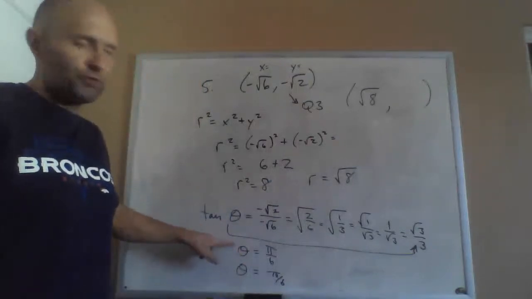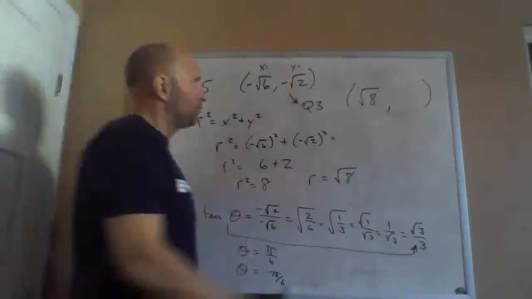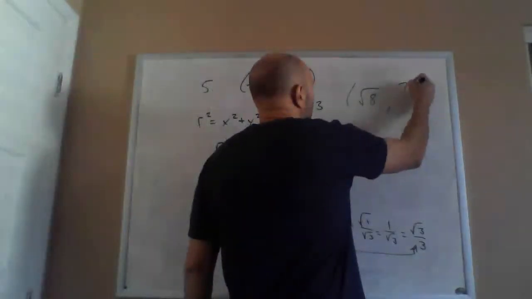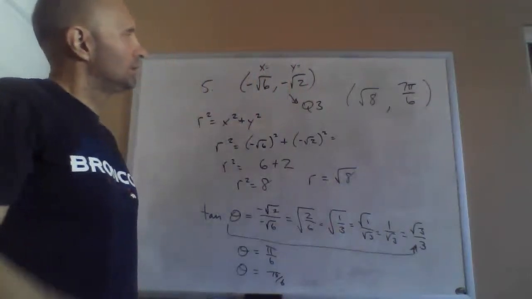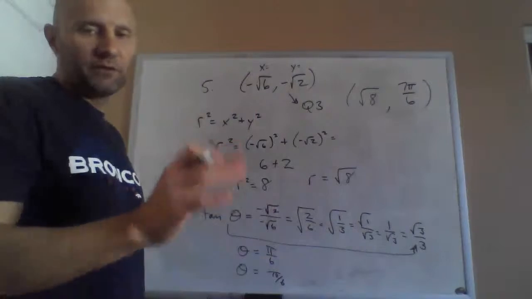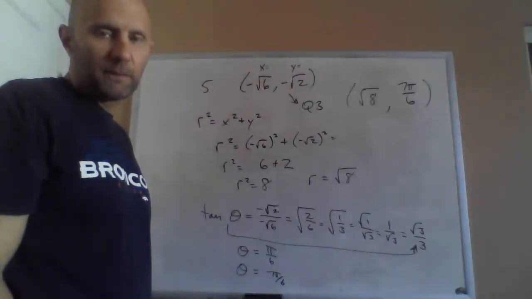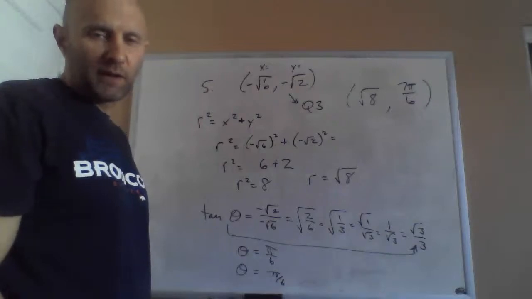So I need to choose my value of theta that puts me in quadrant 3, which would be 7 pi over 6. That would be your final answer for this one. Square root of 8, 7 pi over 6. That makes sense. Any questions on that?